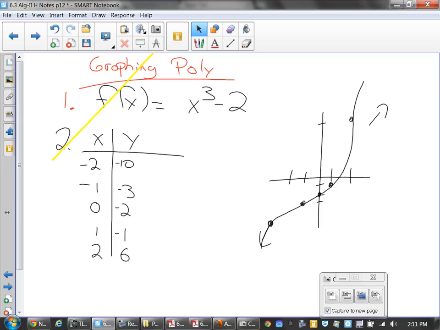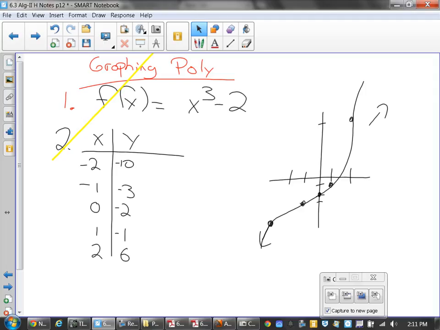I was helping someone just last hour in Flex that knew that what she had on her paper wasn't right because it wasn't matching what the tail ends were supposed to do. And she couldn't figure out what she had messed up. Well, she had messed up on one of the values. When she squared something in her head, she thought negative 2 times negative 2 was negative 4. It was just that simple to do. But knowing how the tails work will help you to avoid making that simple mistake. All right. Does that make sense?